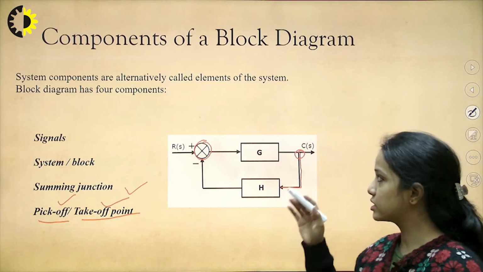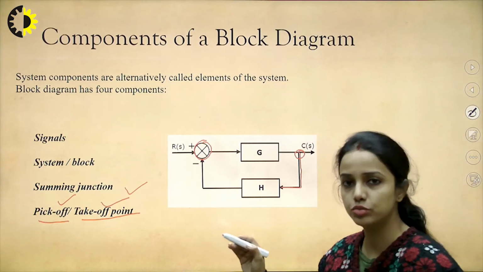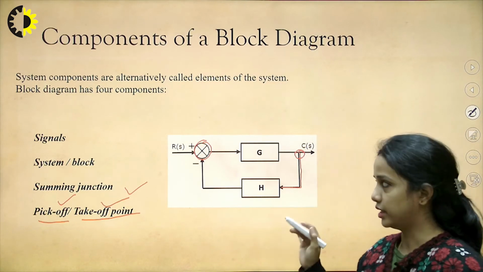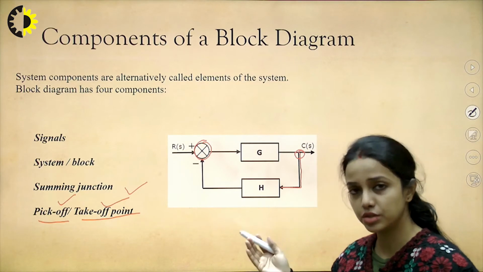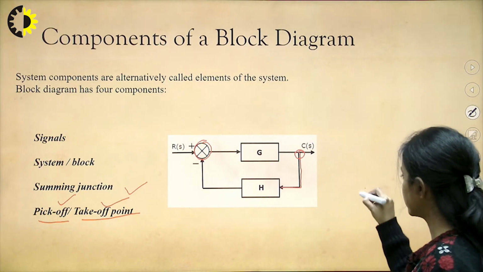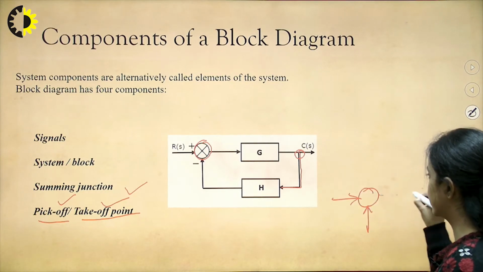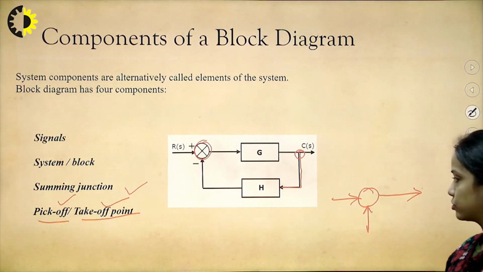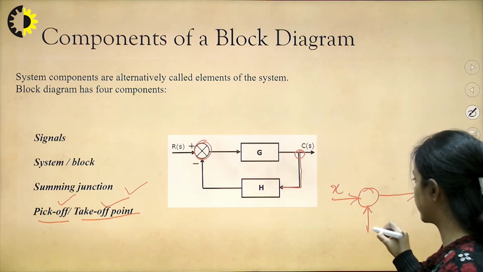When we are picking off some value, when we are taking off some value, we do not need any summing point. But when we are merging two or more values, we do need a summing point. So summation comes into the picture whenever we have such a diagram. Here I have to add x and y.